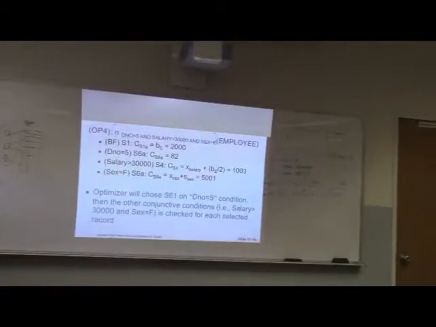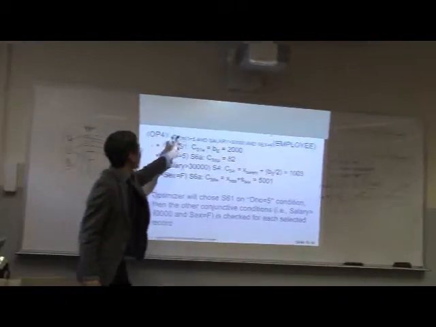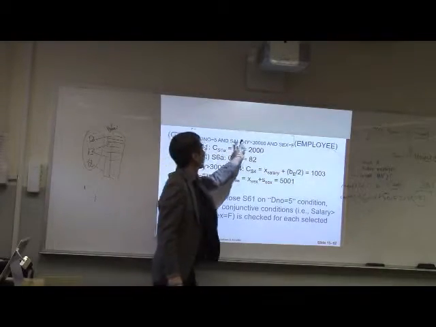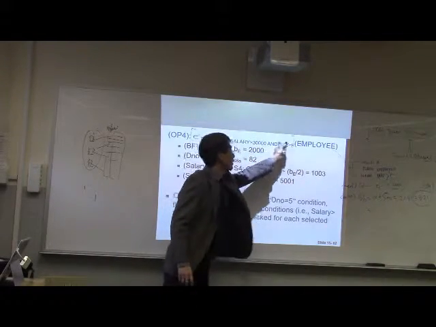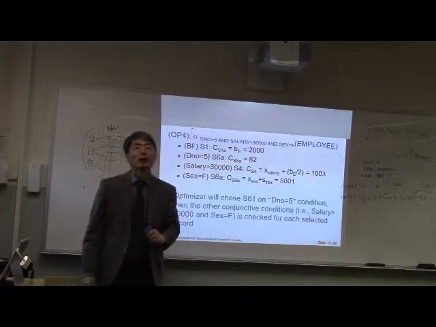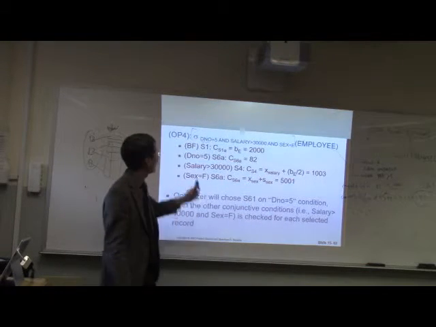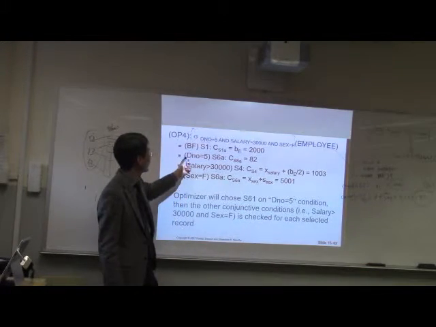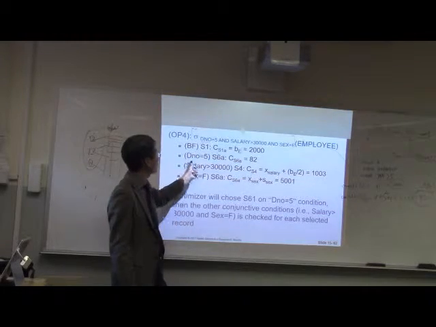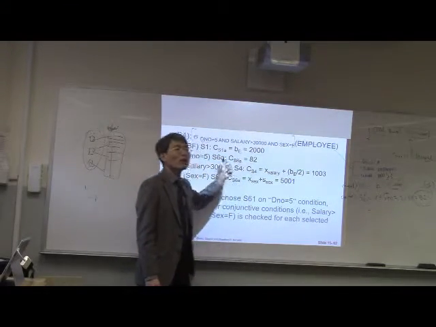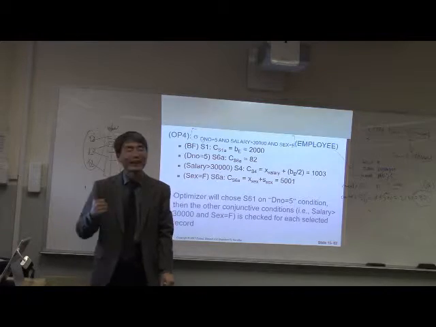What about this conjunctive condition? We can make DNO equal to 5, salary bigger than 30,000, sex equal to female. All different cases. Then find the fastest way. In this case, using DNO equal to 5 is the lowest cost, fastest way.